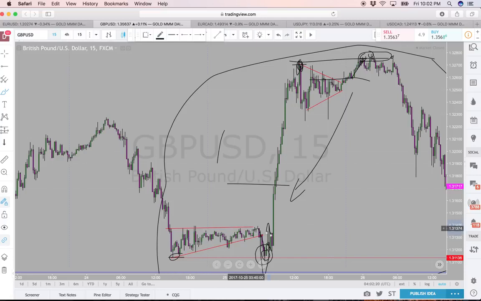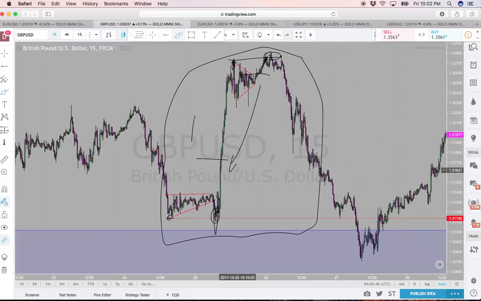If I see this wedge formation forming or something similar, I will set a buy limit order at the exact low of the previous day. And I'll wake up with, more often than not, a lot of profit if it does play out as our signature trade.